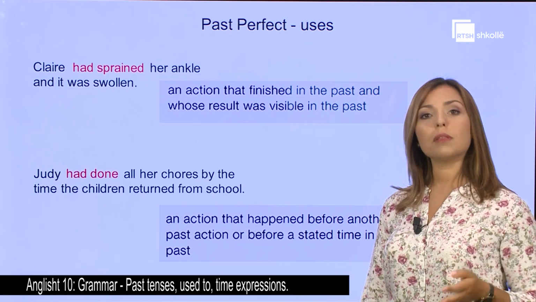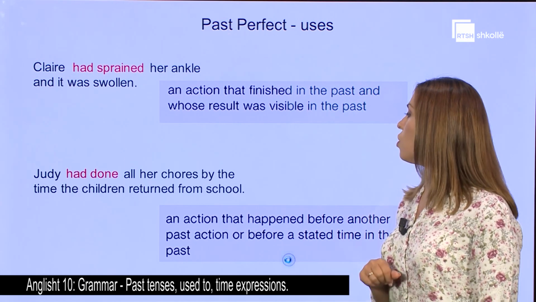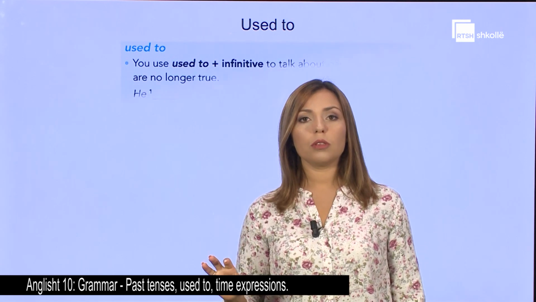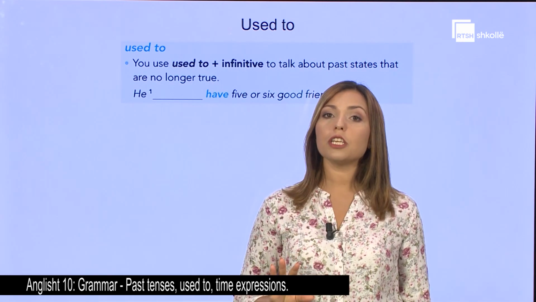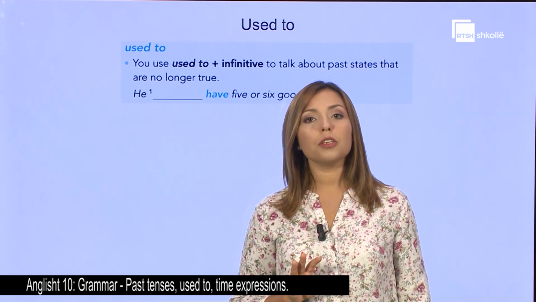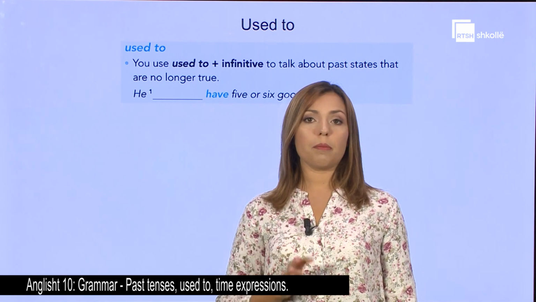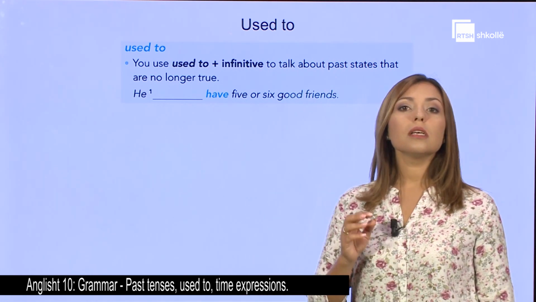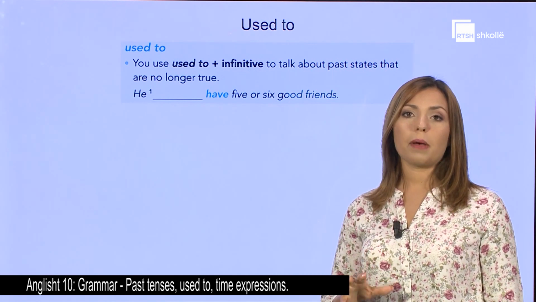So something that happened in the past before something else. All right. So we talked about past simple, something that happened in the past and finished at a specific time. Past continuous, something that was in progress in the past at a specific time. And the past perfect, something that happened before something else in the past.